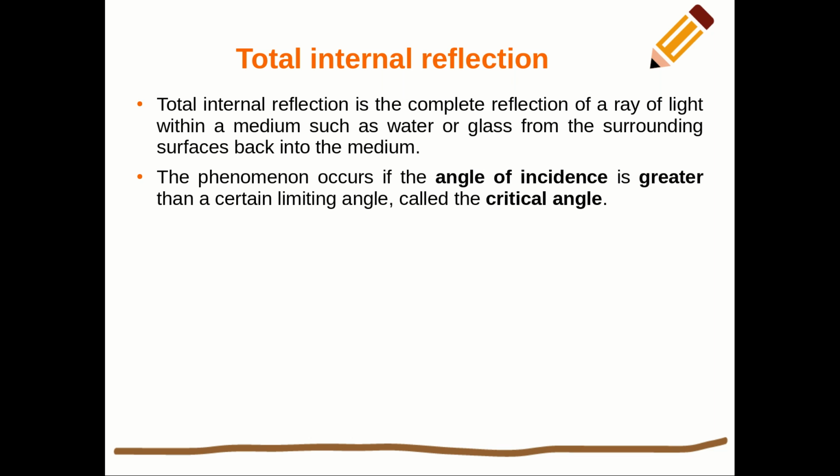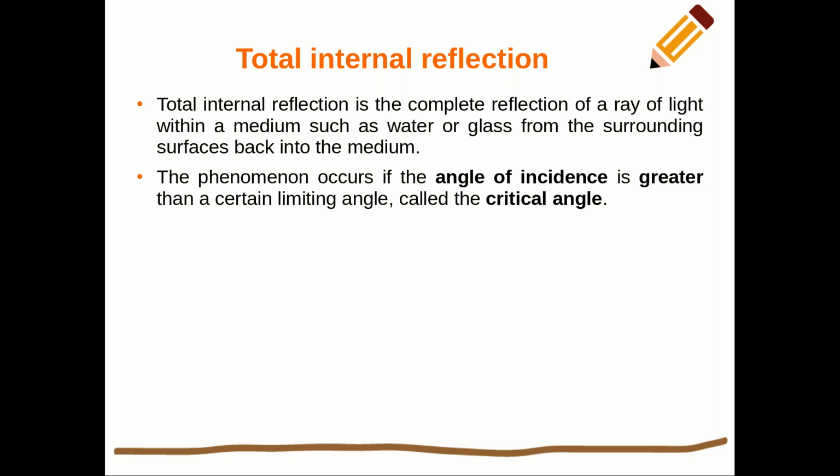Now the phenomenon occurs with a condition, and that you have to note down, where the angle of incidence is greater than a certain limiting angle called the critical angle. So we will see what is this critical angle. The critical angle of incidence is the angle at which the signal is incident on that area where the core and cladding are meeting.